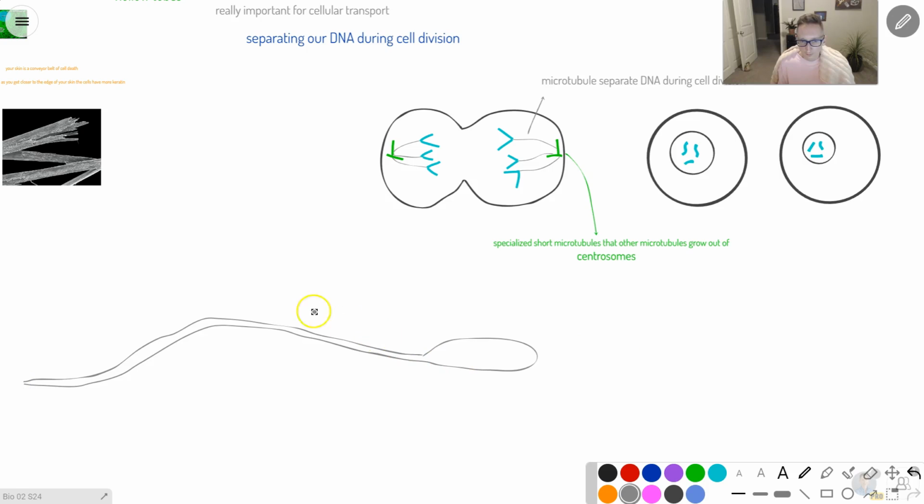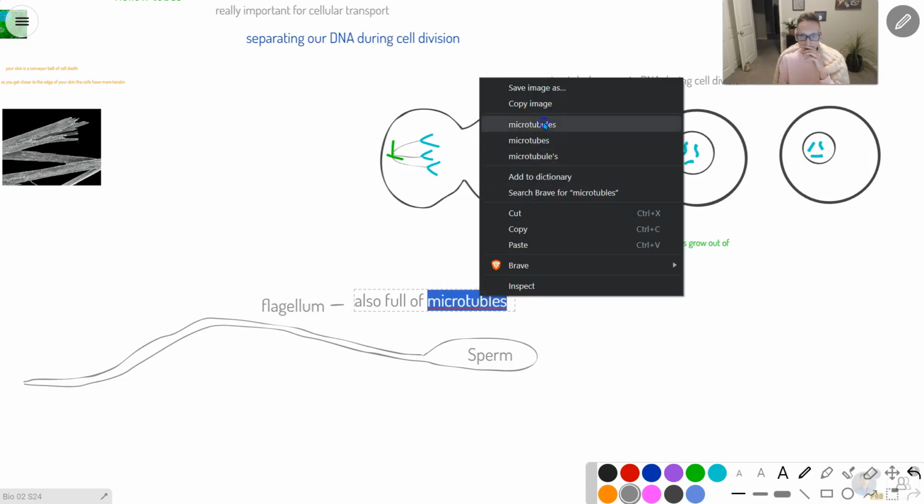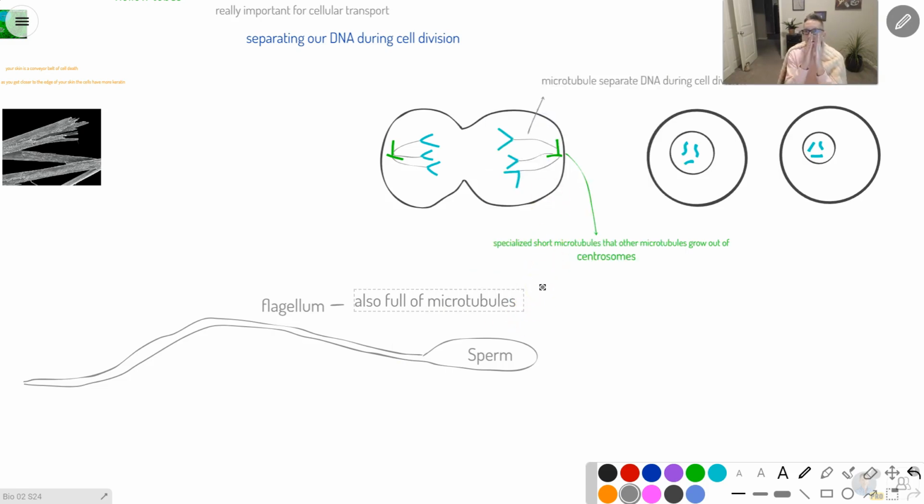This flagellum is also full of microtubules. The way that the sperm moves its flagellum is by having microtubules bend a little bit like this. And they're bent by having dyneins walk along them. All right, so microtubules, very cool stuff.